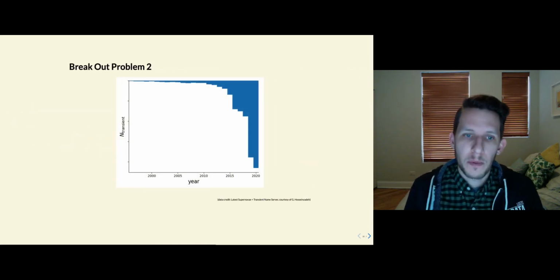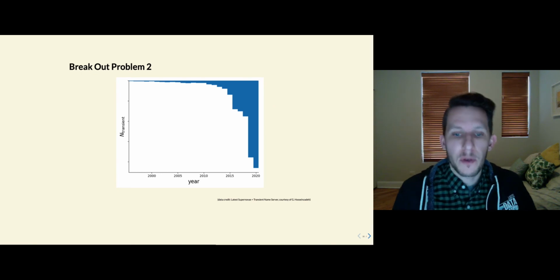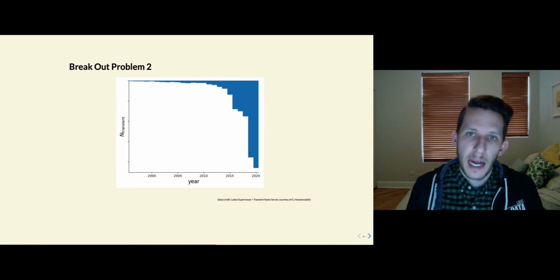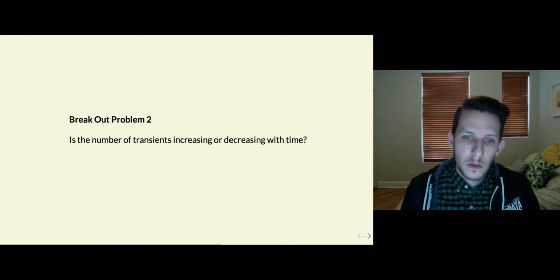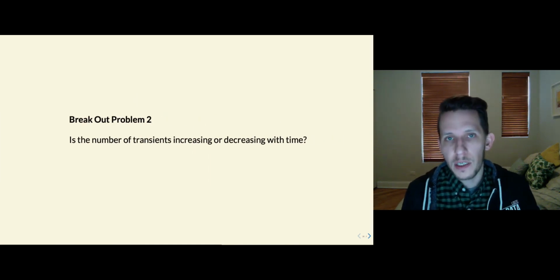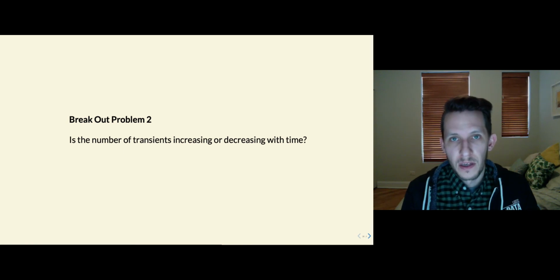So here's breakout problem number 2. I'm showing a histogram of the number of transients that are discovered as a function of time. So the question is, is the number of transients increasing or decreasing with time? I'll give you a second to think about it.